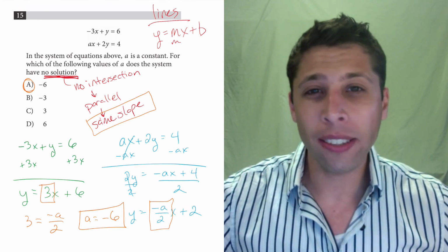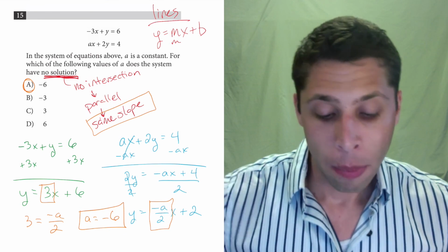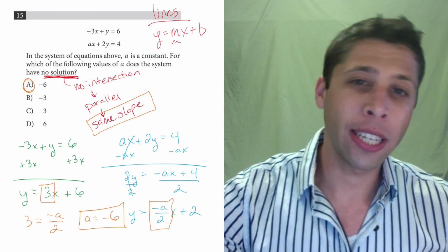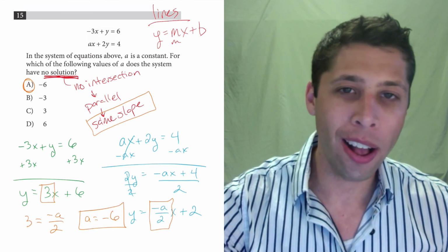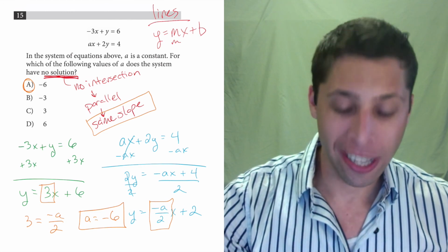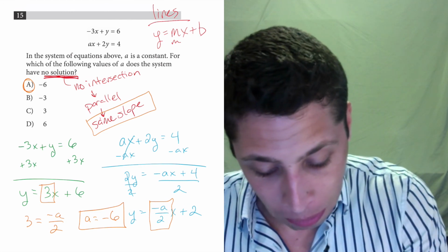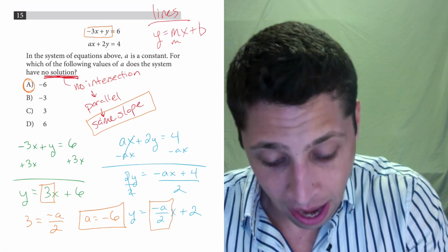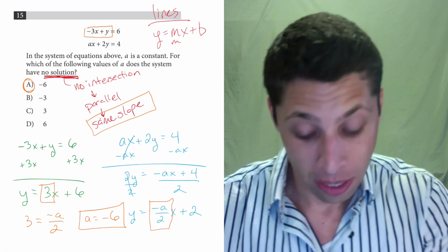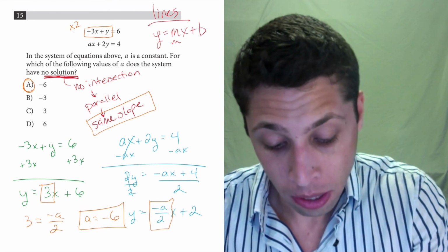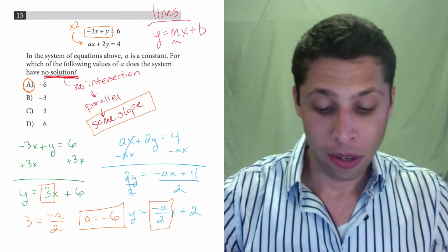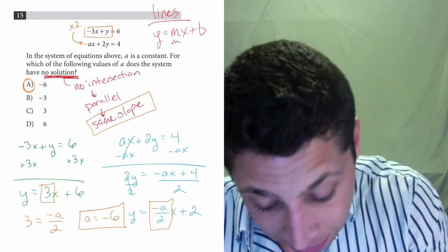So there's a lot of steps if we do it this way. But if you look back at the original equation, it kind of makes sense why negative 6 is the answer. Notice if we had just multiplied this side of the equation by 2, we would have ended up with what we ended up with, right? Negative 6 is a, right?